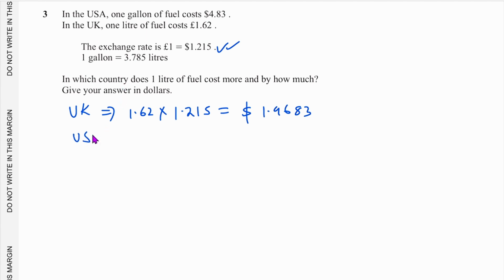So for the USA, we have that 1 gallon of fuel costs 4.83, but 1 gallon is equivalent to 3.785 liters. So all you need to do is convert this to price per liter. So we just take $4.83.